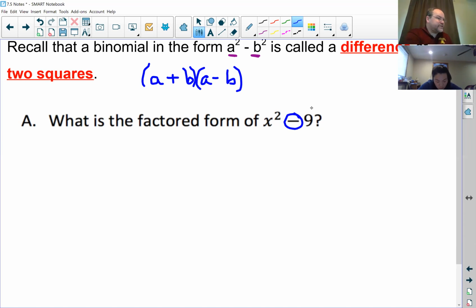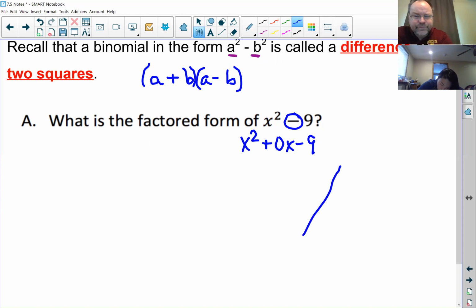Using that X method will still work, but you would have to think of this in a slightly different way. This is like x squared plus 0x minus 9. So you could think of it as two numbers that multiply to -9 and add to 0.